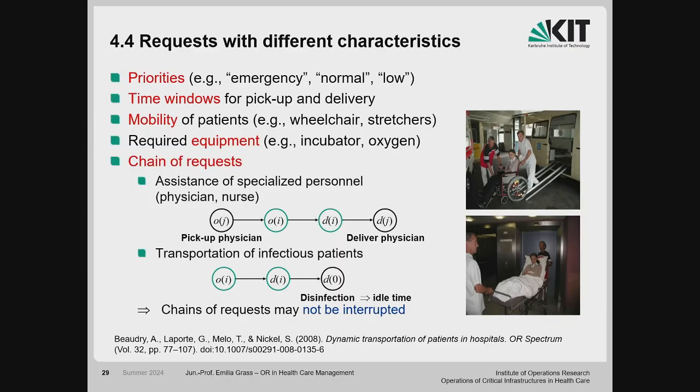And then we have this chain of requests. As I said last time, when they call and ask for transportation, they know that they need some additional nurse or physician, or that the patient requires particular assistance and so on. So first of all, we have to pick up a physician or a nurse.